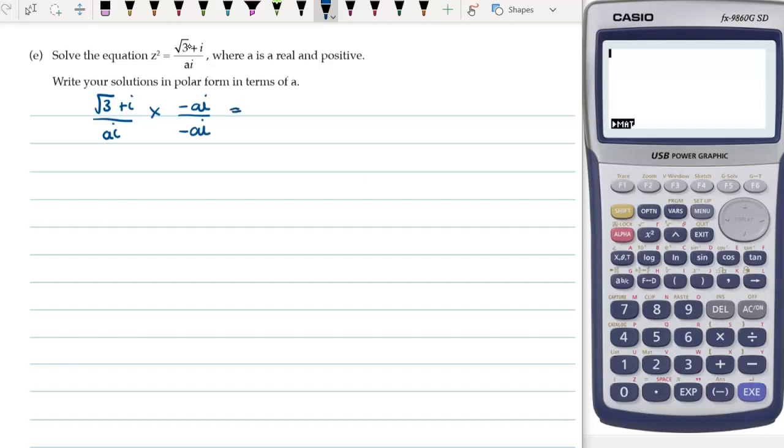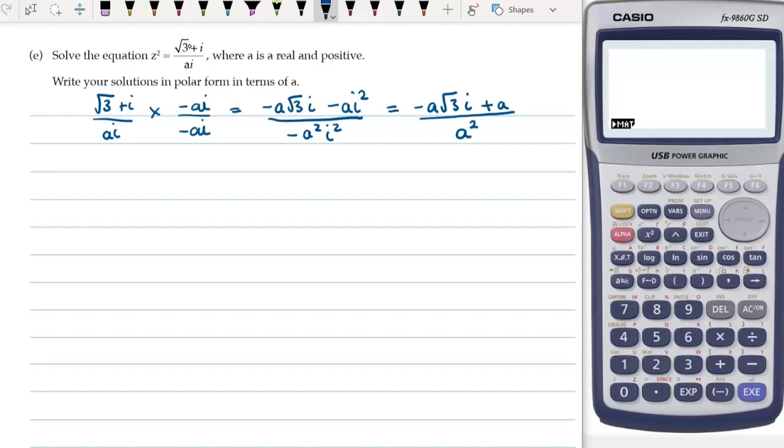So that will equal minus a root 3 i, and then minus ai squared, all over negative a squared i squared. So this becomes, let's see, minus a root 3 i. i squared is minus 1, so this is a plus a. And similarly on the bottom, with i squared being minus 1, this is a squared.